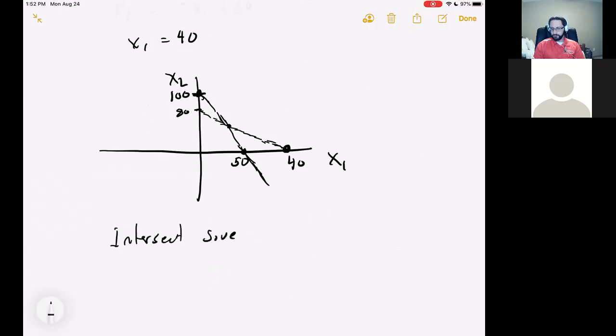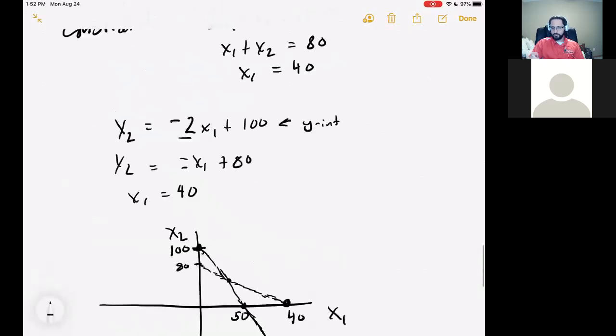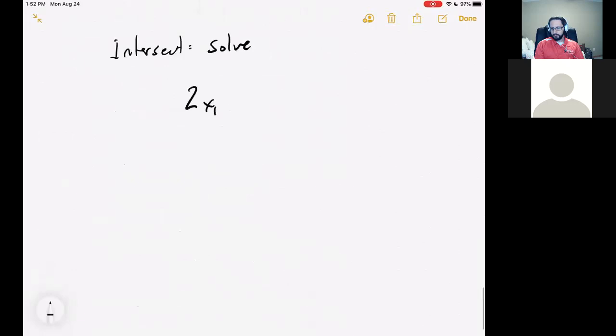Solve. Let's see, the first one is 2x1 plus x2 equals 100. The second one is x1 plus x2 equals 80.